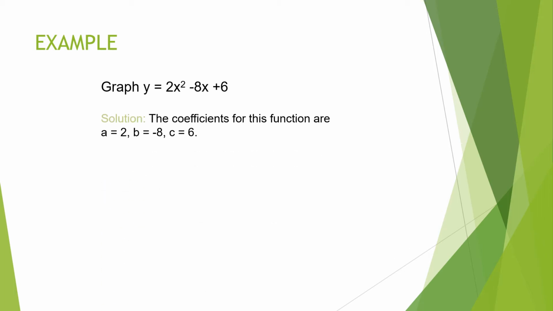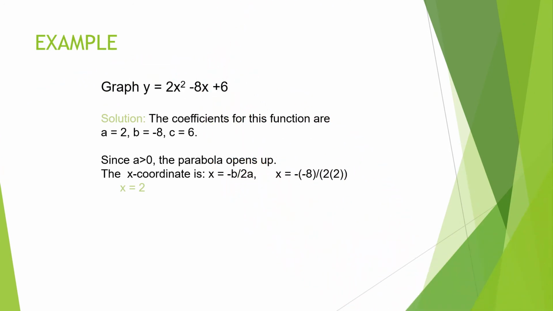The coefficients of the function y equals 2x squared minus 8x plus 6, or the values of a, b, c, are a equals 2, b equals negative 8, and c equals 6. After getting the values of a, b, and c, you may observe that the value of a is greater than 0, and that is 2. So it means that the parabola opens upward.